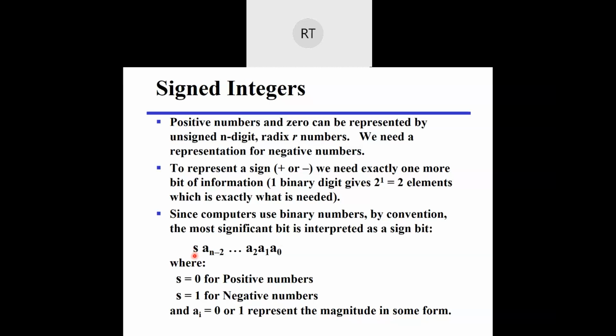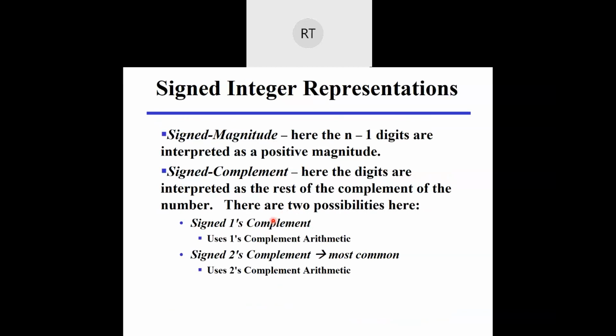Since computers only use binary numbers, we have to write the positive number and the negative number also in binary. So this is why we use this representation, where S is the sign and the rest of the digits are the magnitude. Let's say now you want to write in signed magnitude. So you have two ways of writing signed numbers.